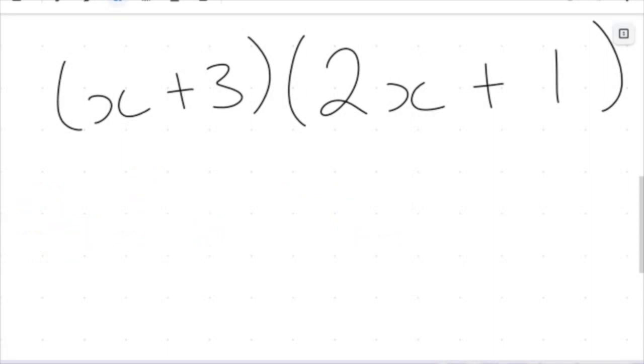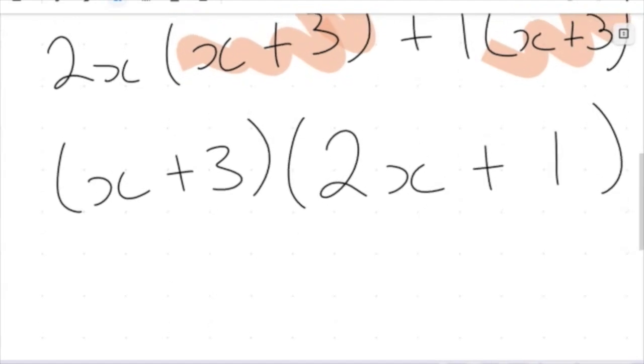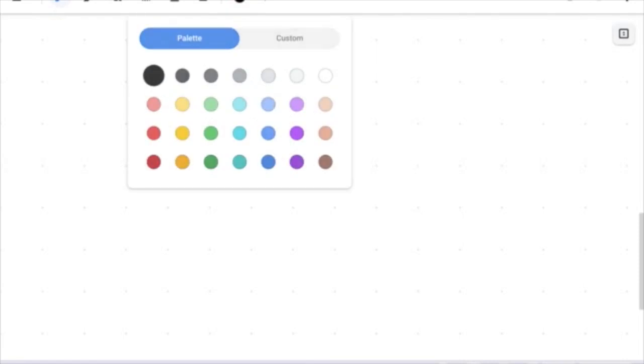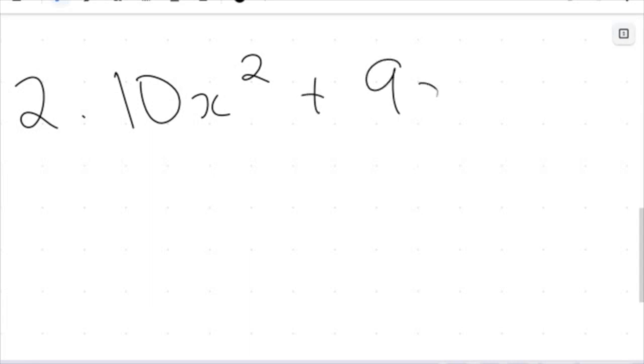And I'm going to once again try to freestyle this and see if we find any sort of commonalities and any patterns that we can use to apply to another question. Now let's say I have 10x squared plus 9x minus 9.